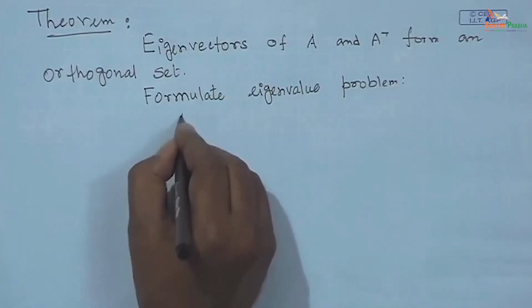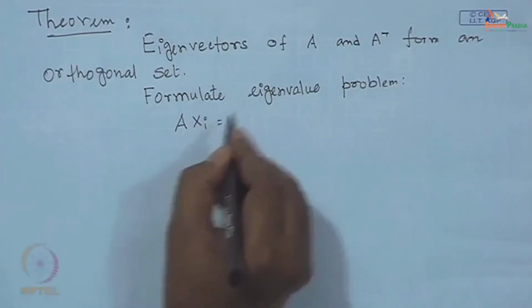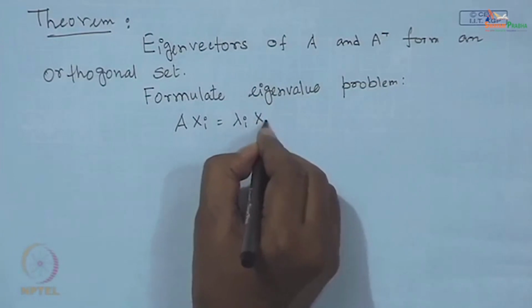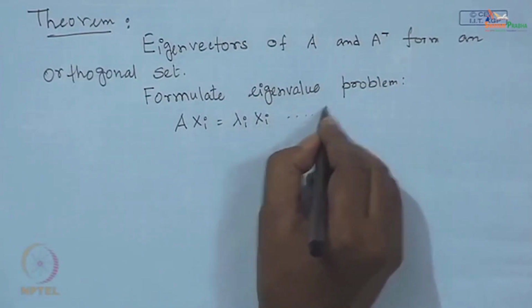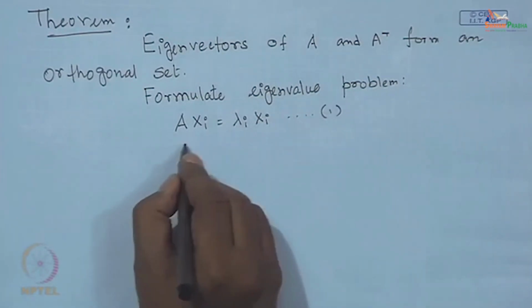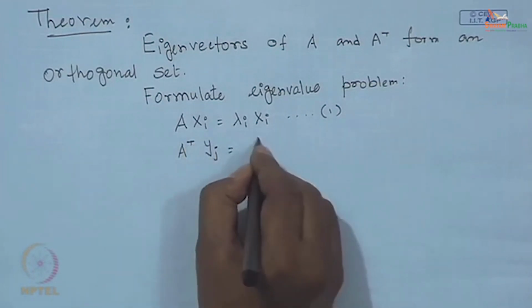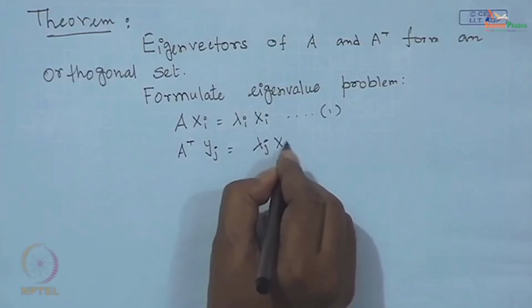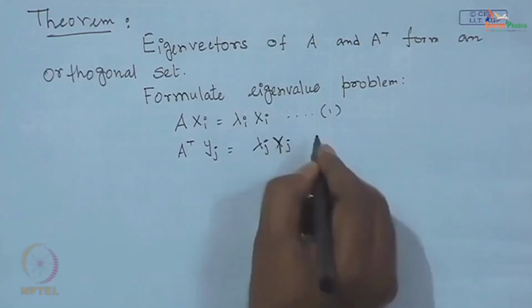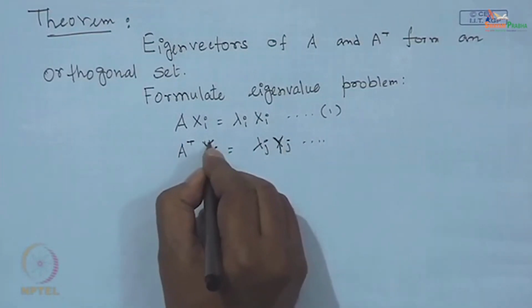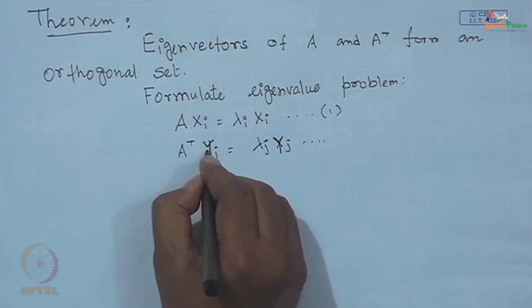This problem is A x_i = lambda_i x_i, that is number 1. Next one is A transpose y_j = lambda_j y_j, that is number 2.